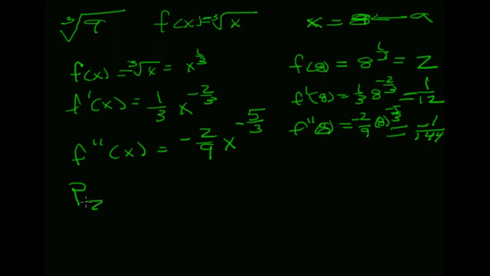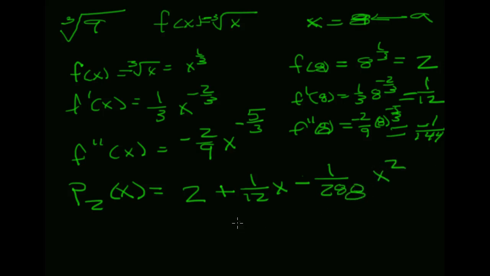So the second degree polynomial of x is f at 8, which is 2, plus f prime at 8, so that's 1/12 times x, plus f double prime of 8, which is negative 1/144 divided by 2, is negative 1/288, and then that's x squared.